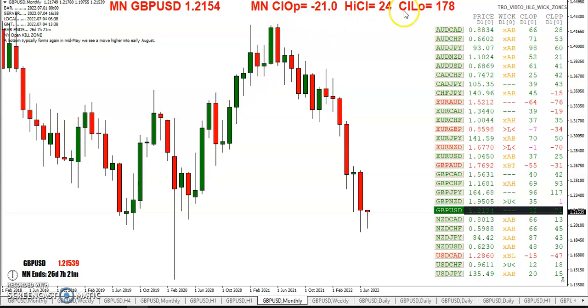And the indicator here, the magnified market price, once again tells me certain information: the price, which chart I'm looking at, which is the monthly chart, and which time frame I want to display information on. So right here, this is the monthly. I know I'm 24 pips off the high, 179 off the low.